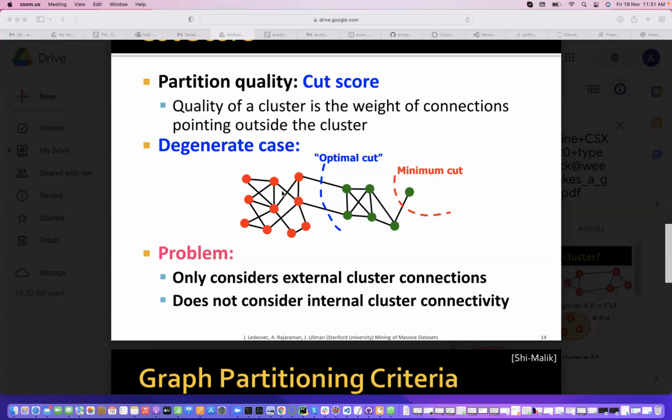We said a good cluster has more edges inside, right, and fewer connections outside. But this cut score is computed only based on external connections. So how do we bring the inside connections in? That is the problem if you use this cut score.